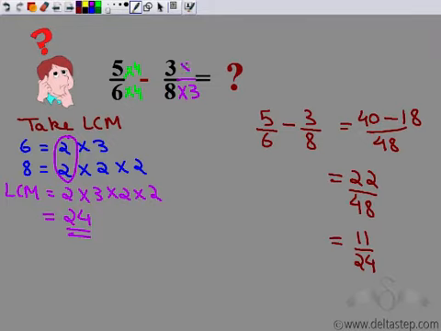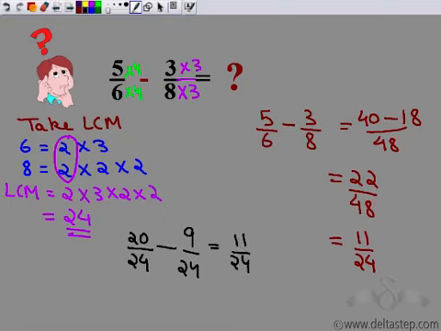Again, the numerator also has to be multiplied. So what I get is 20 by 24 minus 3 3s are 9 by 8 3s are 24, which is again equal to 11 by 24.